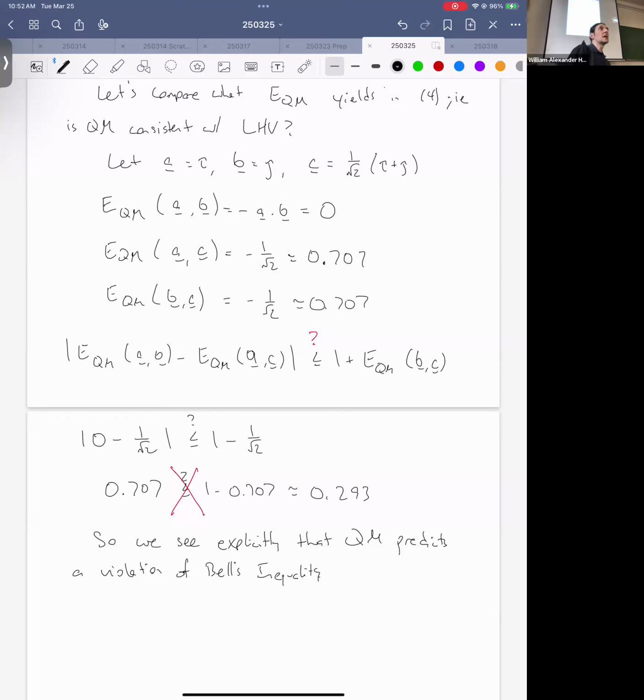So you could ask, for example, suppose the experimentalist knows ahead of time what A vector, B vector, and C vector are. Then A, B, and C are all causally connected. And so you could imagine that perhaps you're not really getting superluminal wave function collapse propagation of information.